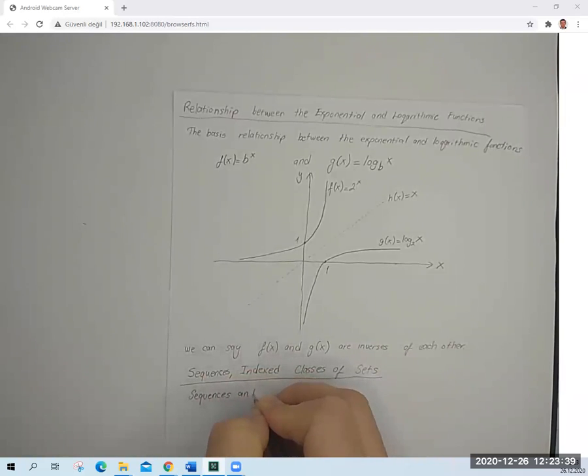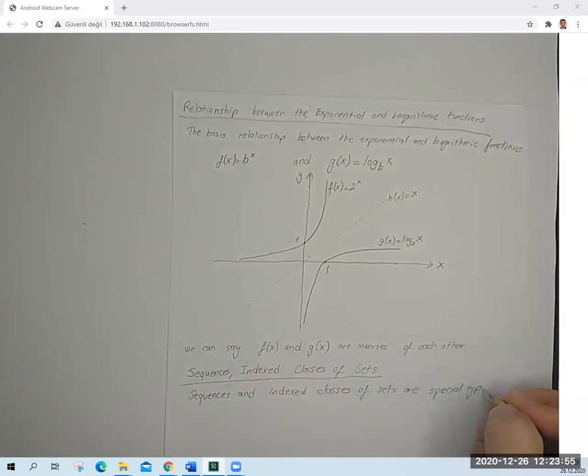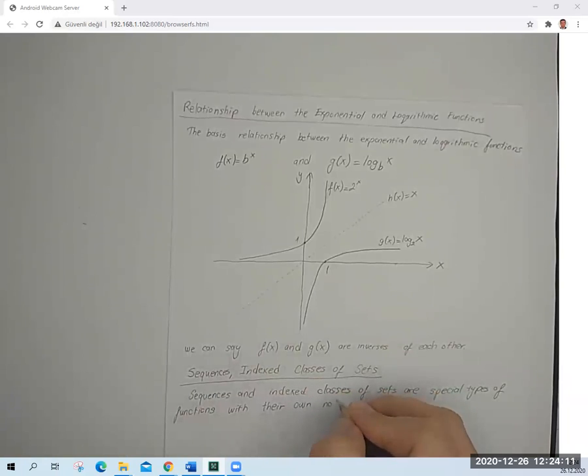Sequences and index classes of sets are a special type of function, of course with their own notation. They have some special representation.